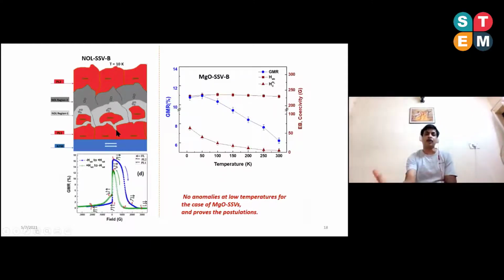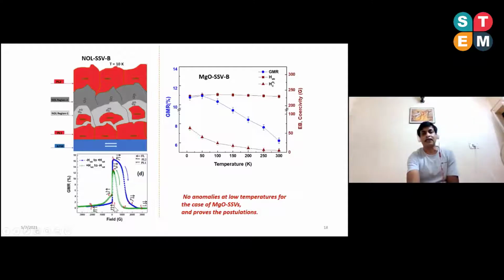When it goes to 10K, we found that the insulator becomes an antiferromagnetic insulating layer, and this layer creates a kind of spin frustration in these regions.